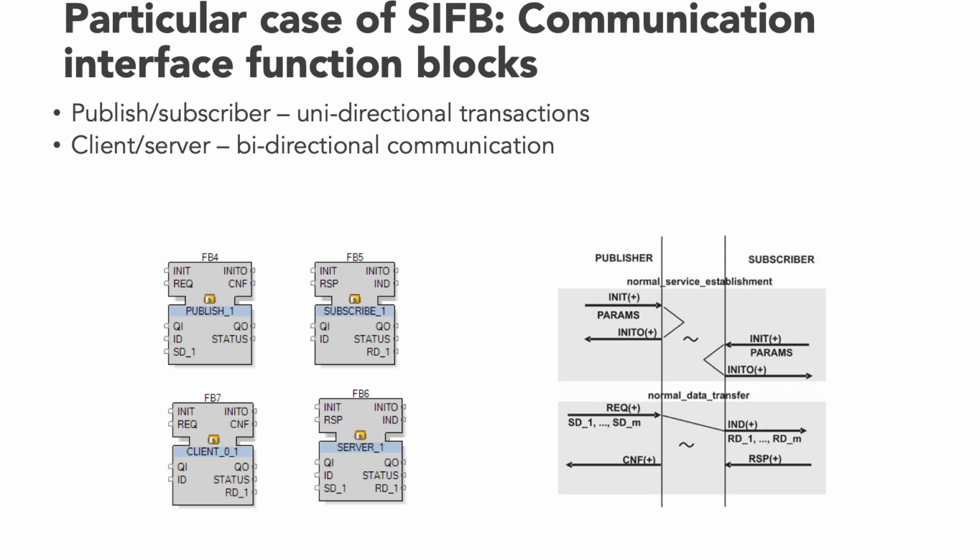As shown on the right-hand side of the slide, for the publisher-subscriber case, first the publisher is initialized, then independently the subscriber is initialized, and this is a prerequisite for data transfer.